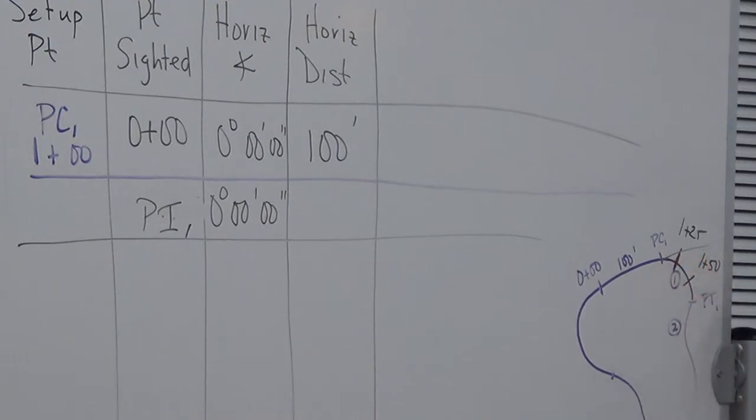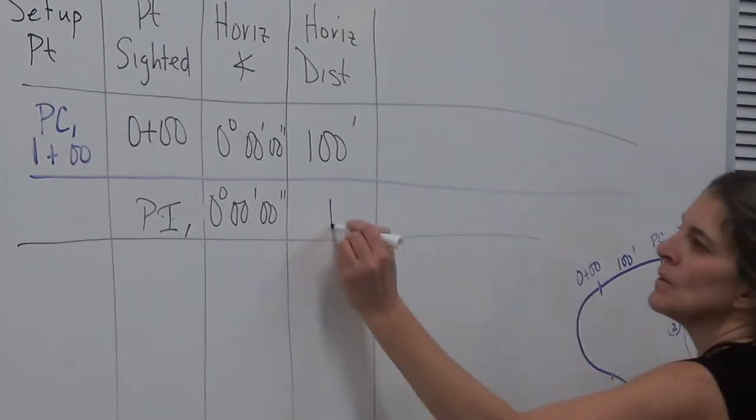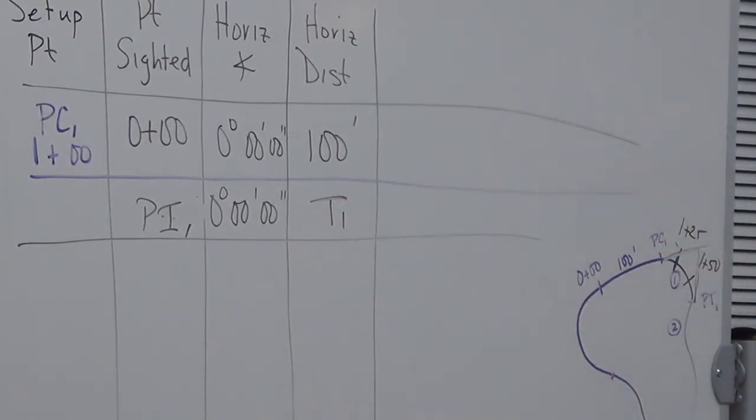I just know the PI is in that direction, but if I needed to put the distance, what distance would it be? T. Whatever T1 is. Is the PI angle always going to be 0? It's always going to be tangent to the curve, so it's always going to be along the straightaway.